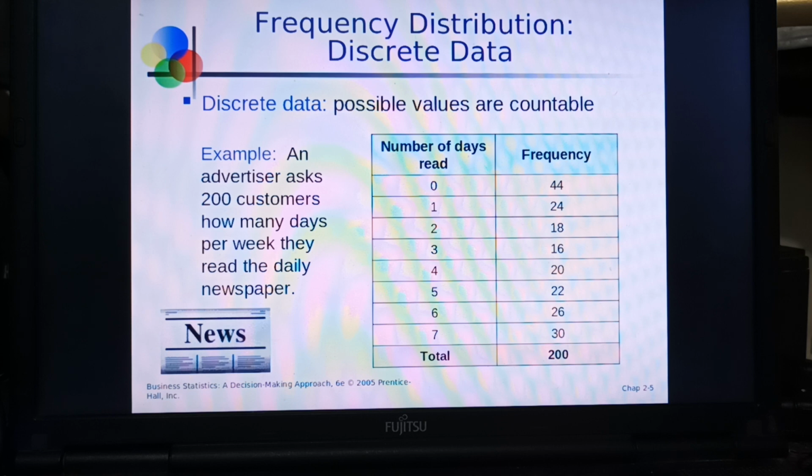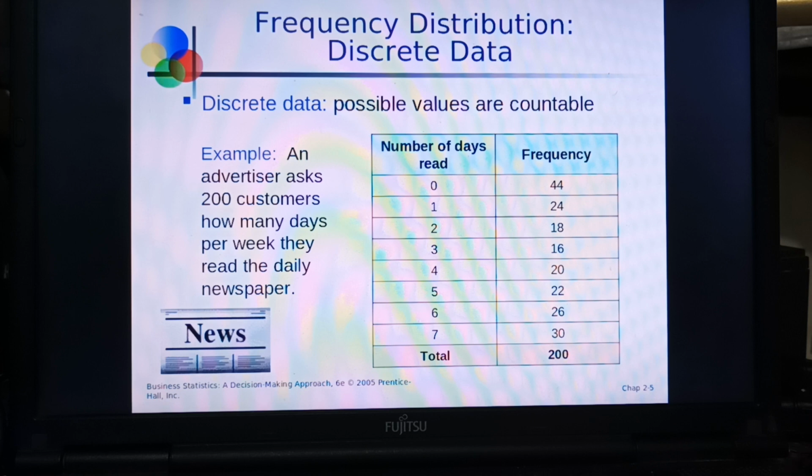Now, frequency distribution and discrete data. What are discrete data? Discrete data are possible values that are countable, or in other words, they are whole numbers or integers as we know them probably in programming languages, as opposed to float or fractional numbers.